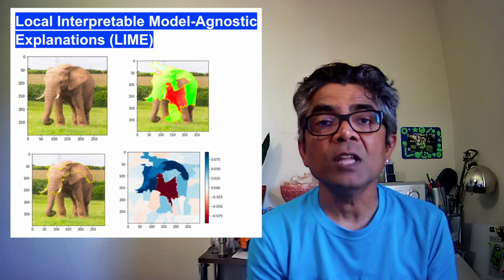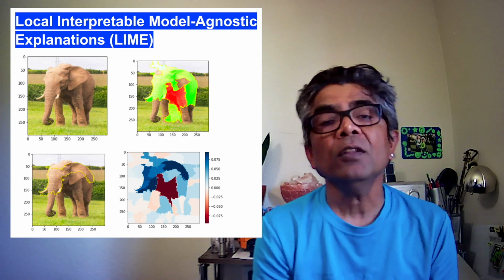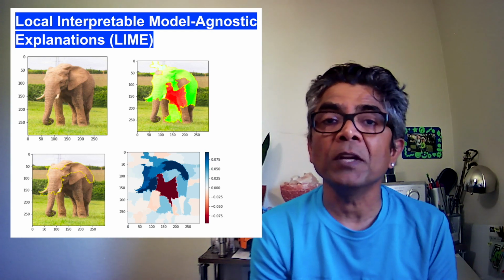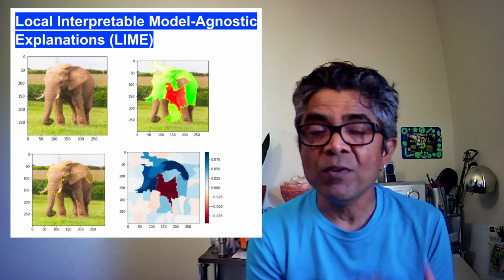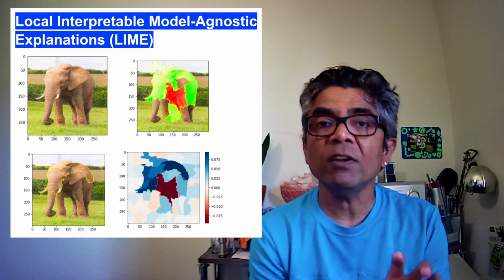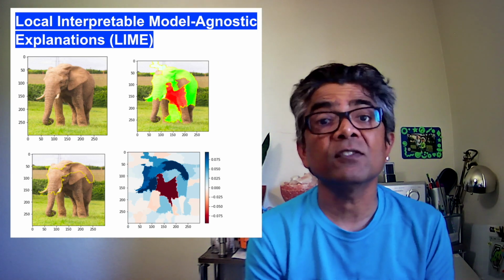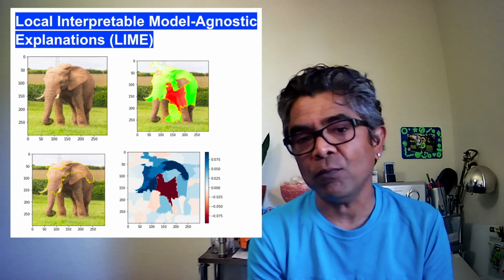And if a model is predicting this image as an elephant, the LIME model is going to explain, within the given image, what were the certain areas which are responsible for predicting this image as an elephant.